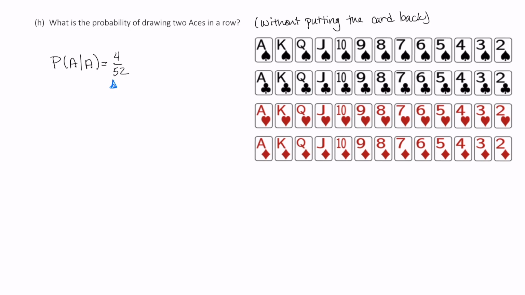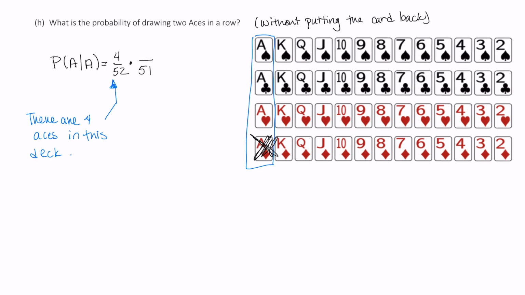This is because there are 4 aces in this deck, and those are here. And then we're going to draw a card, and let's say that you drew this time the ace of diamonds, so that's gone. Now there's only 51 cards total, and out of those only 3 are aces.